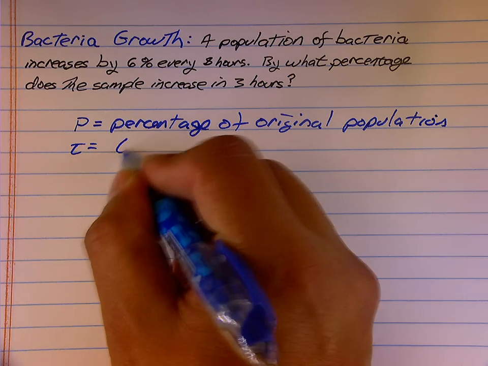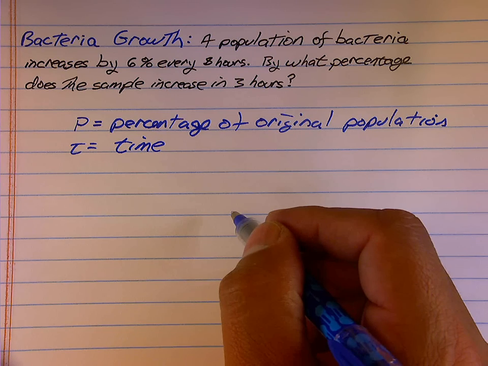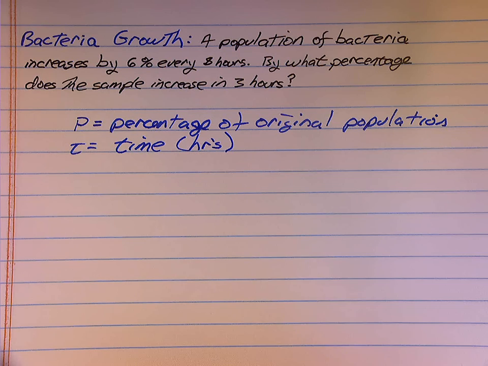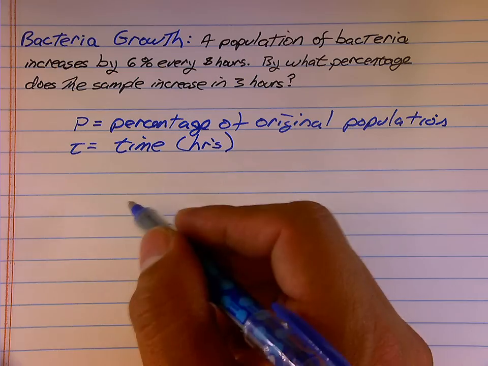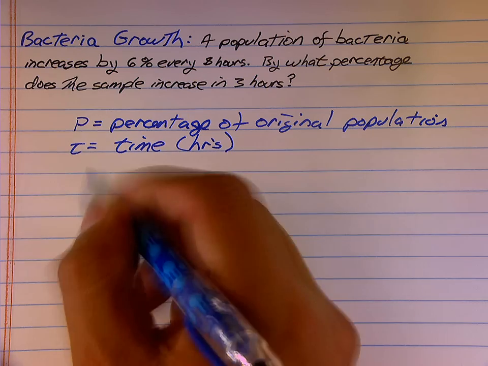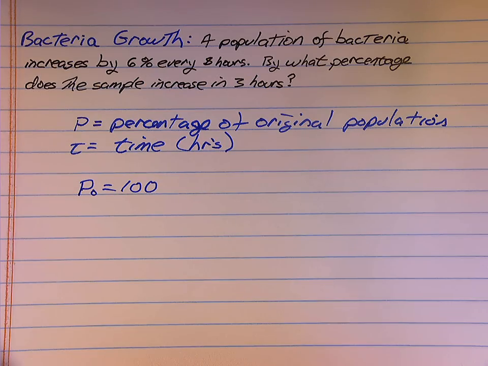And T is going to be time. And the easiest time to use for this problem is going to be hours. Now, notice, when we set up our formula, if I describe my population as a percentage, I can say that the initial population is 100, representing that I started with 100% of the original amount.